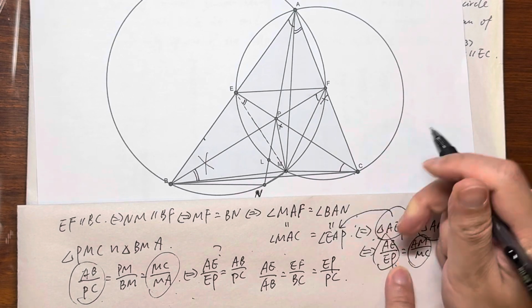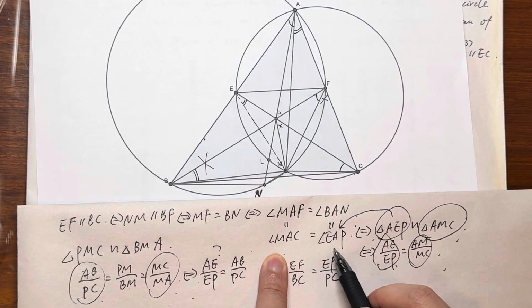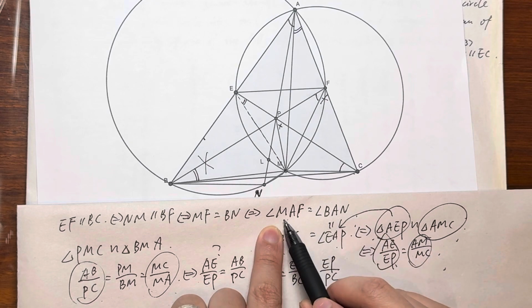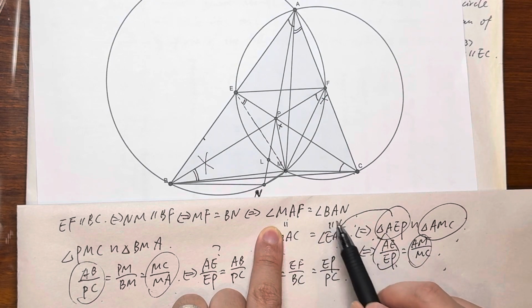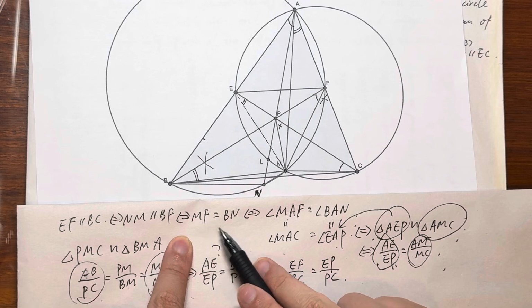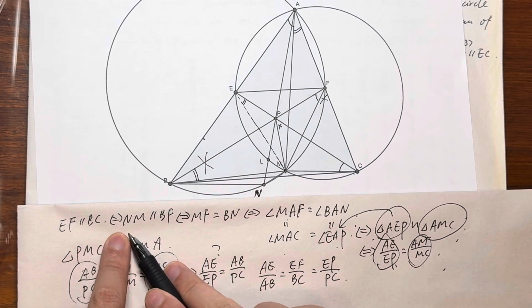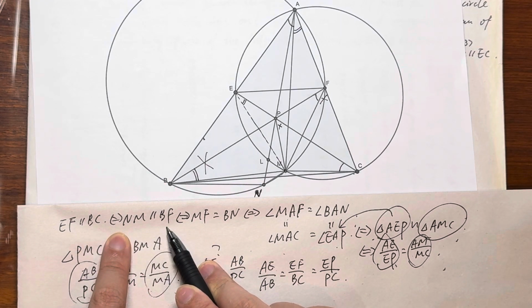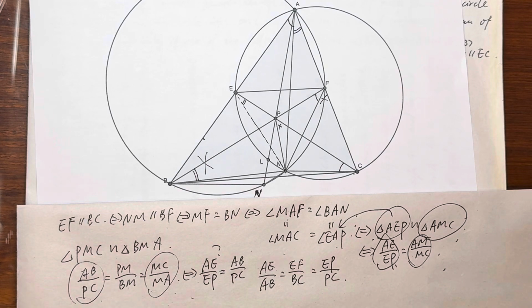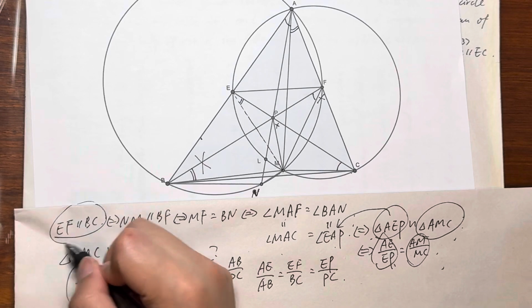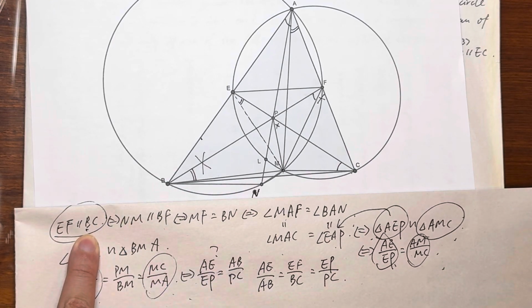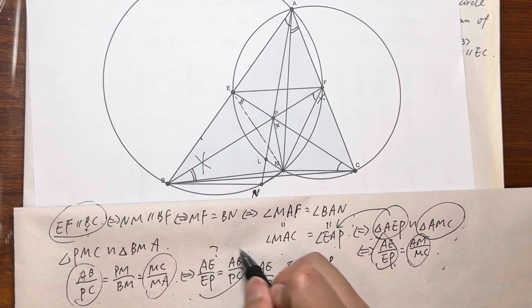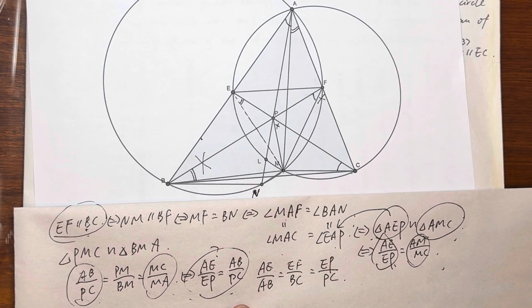So angle MAC equals angle EAP, which means angle MAF equals angle BAN, which means MF equals BN, which means NM is parallel to BF. Basically, the condition that EF is parallel to BC helps us get this done, and then we can go back to prove that NM is parallel to BF.